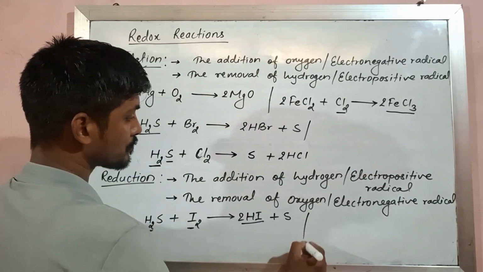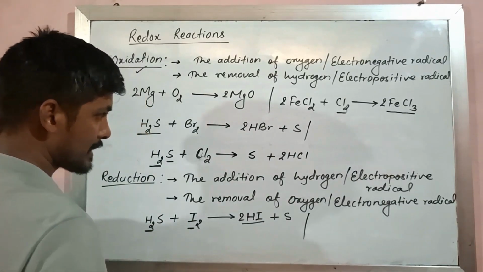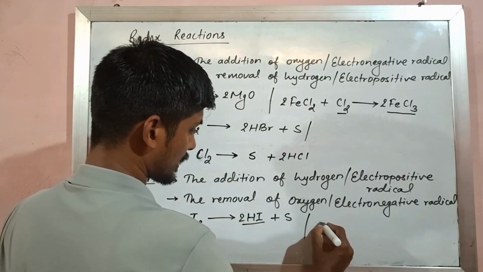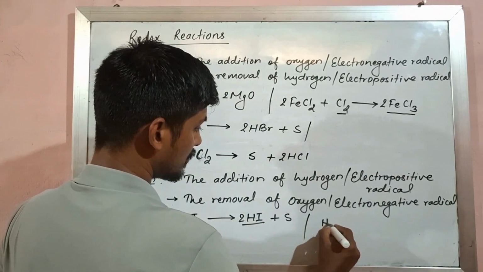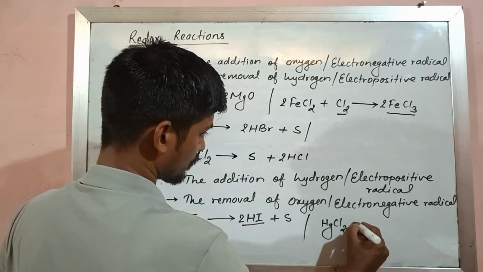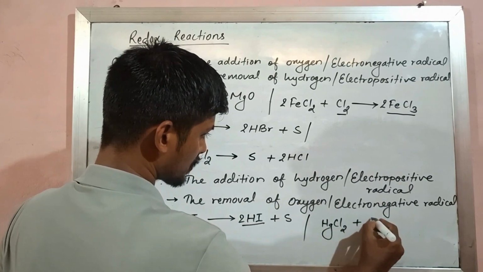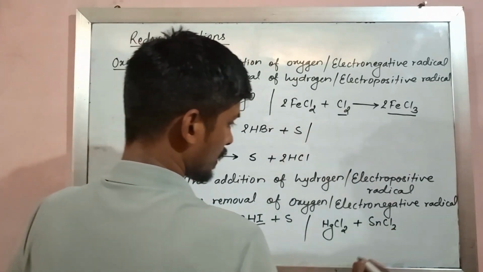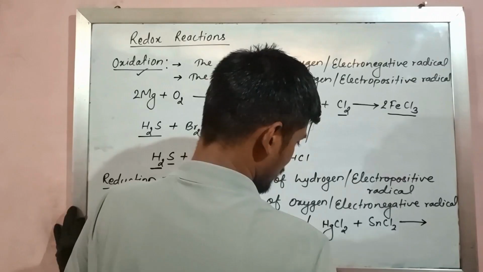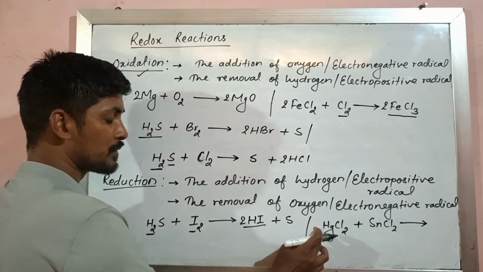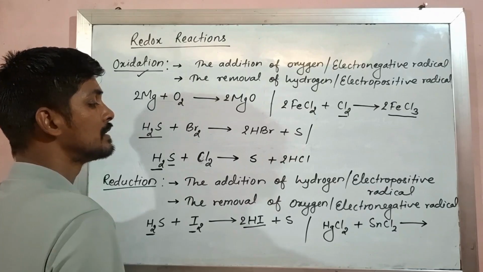Then addition of some other electropositive radical, like if we have HgCl2 reacting with SnCl2. In this reaction, we have mercuric chloride.